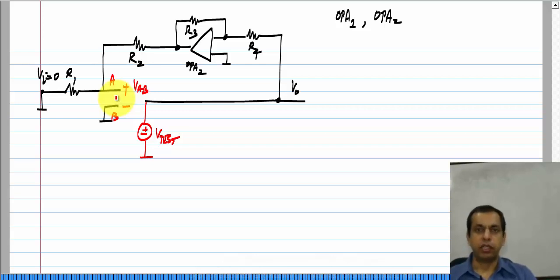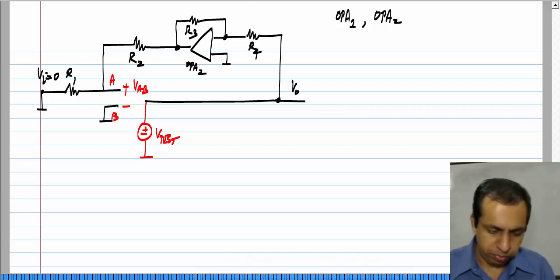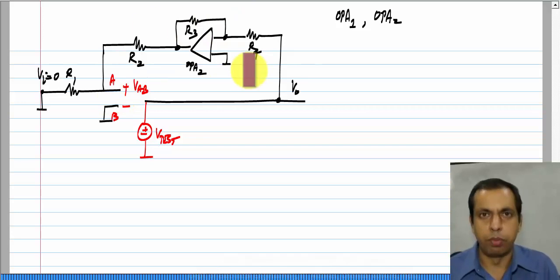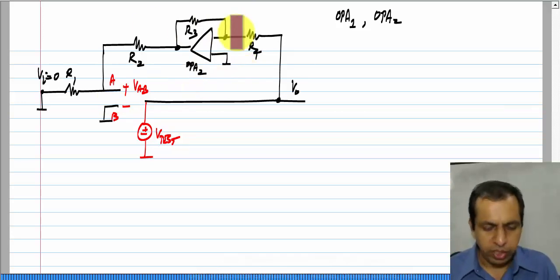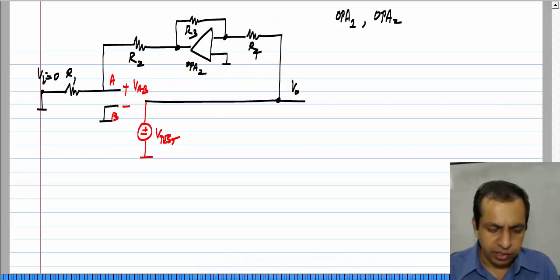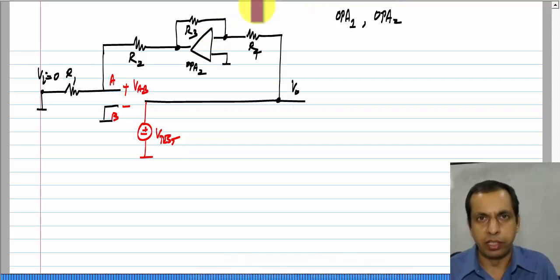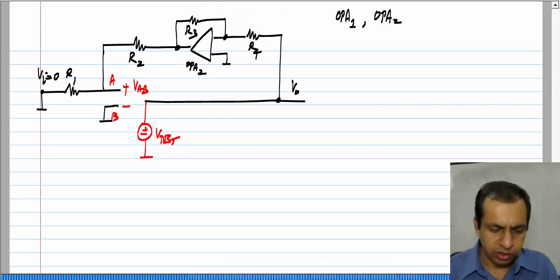Now, the rest of it is regular circuit analysis. The only thing is what to do about the other op-amp. So, we have this other op-amp also. How do we deal with that? The easiest thing is to assume that it is in negative feedback already. We do not know what the signs are, but it is operating as though it is in negative feedback. So, that means that its inputs are virtually shorted.